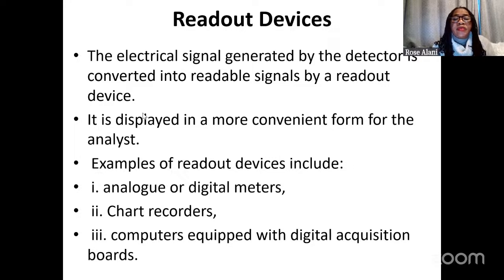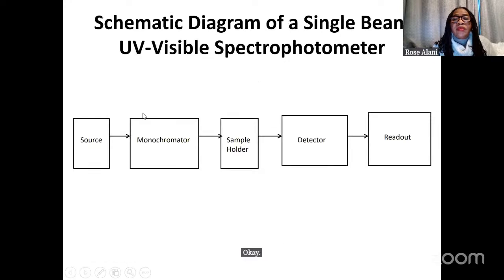Okay. So you look at single beam UV spec. We have what I just described for you. We have the source of radiation. We have the monochromator. Let's look at a prism, for instance. It's a monochromator. Then we have a sample holder, talking of the cuvette.